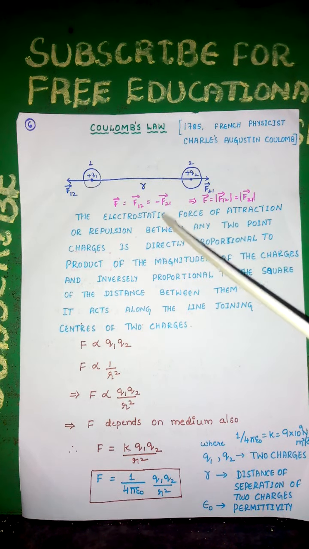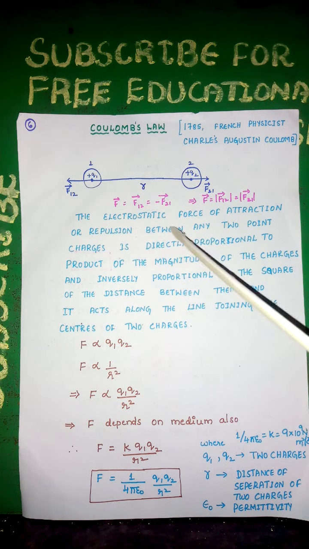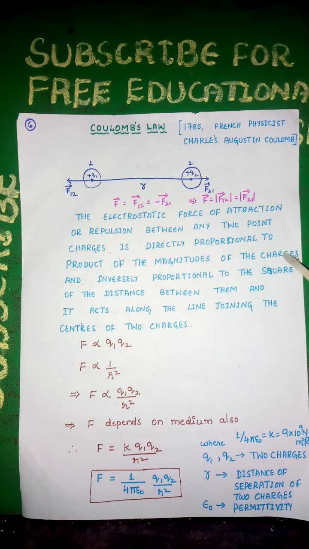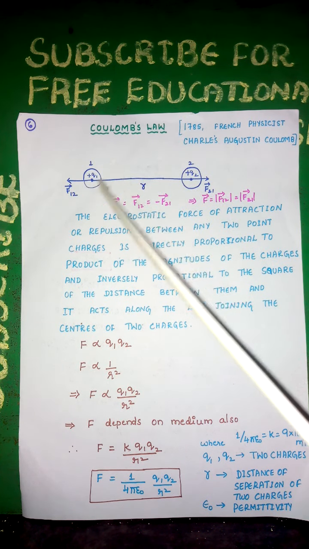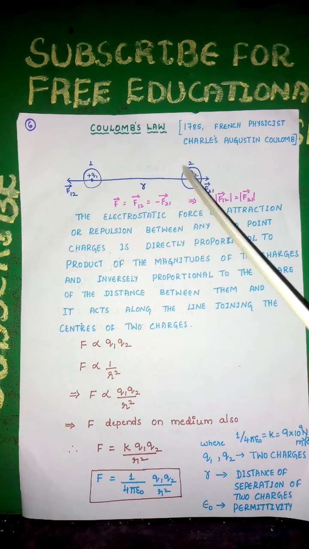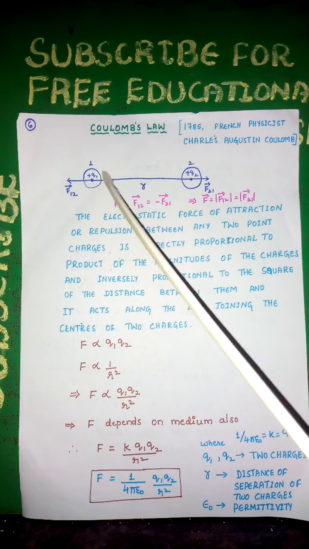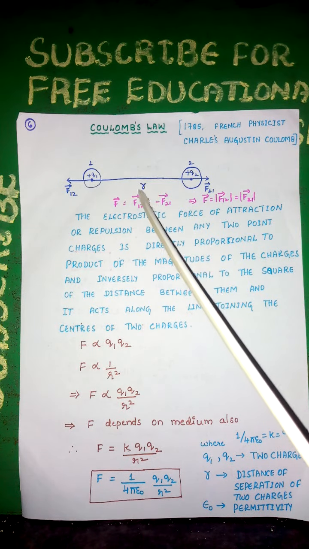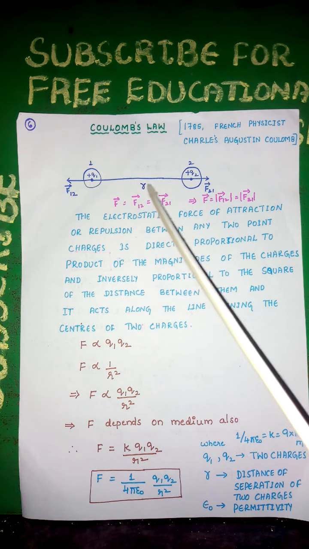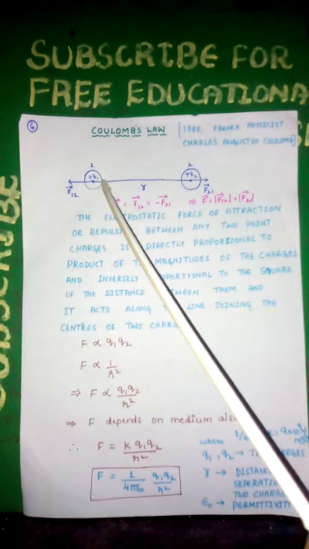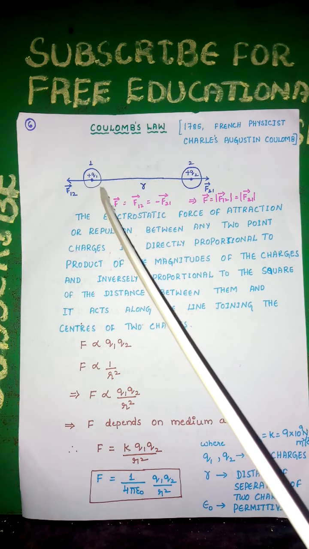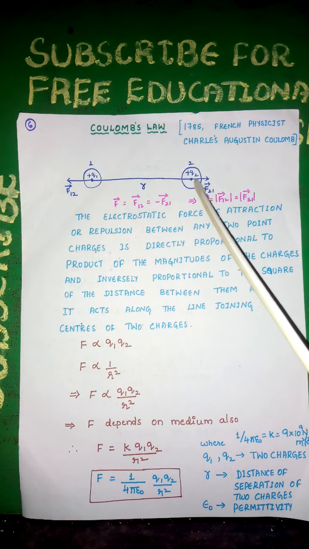So the electrostatic force of attraction or repulsion between any two charges is directly proportional to the product of the magnitudes of the charges, and inversely proportional to the square of the distance between them. Here the distance of separation is r, charge 1 is q1 and the other charge is q2. So q2 exerts force on q1, and similarly q1 exerts force on q2.